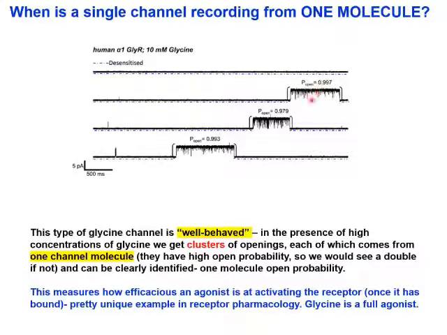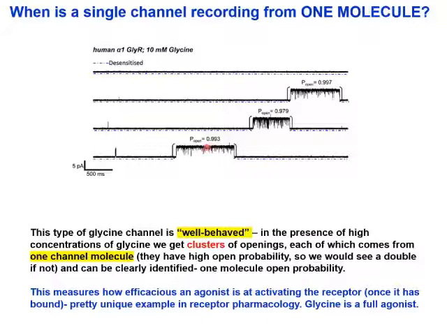Now, this is very useful because we can measure here the P open, the open probability that is elicited by a saturating concentration of glycine, a concentration of glycine that fully occupies the channel. And you can see that this is very, very high. The channel is either open or desensitized.